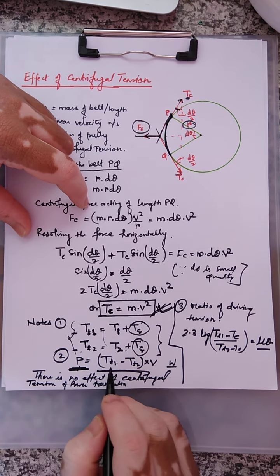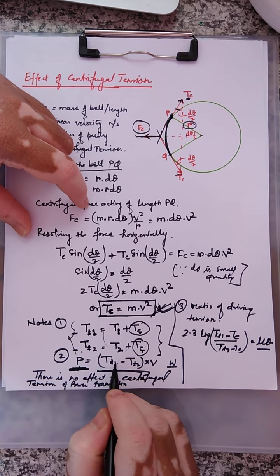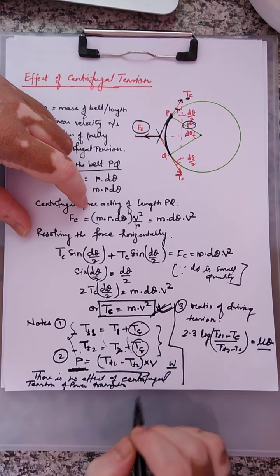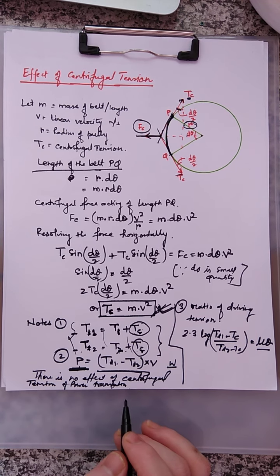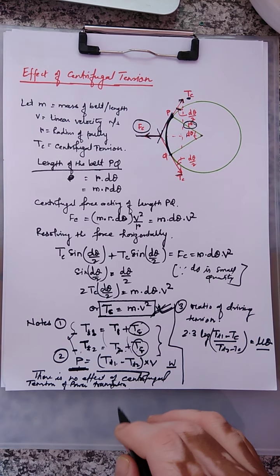Why? Because power is T1 minus T2 into V, and Tc will be added to both T1 and T2. The same quantity will be added to each, so whatever the amount is here, the same is here. That's why there is no effect of centrifugal tension when power is transmitted through a belt drive.